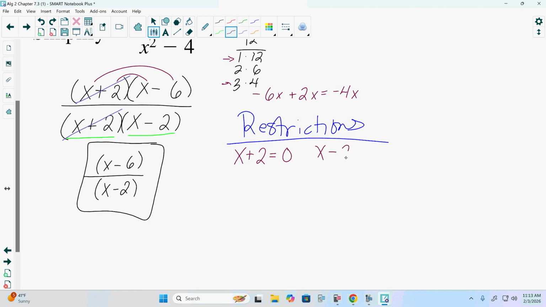Because whatever value is going to make x plus 2 be 0 would cause the denominator and the numerator to be 0, but because the denominator is 0, we cannot divide by 0, even if what is being divided by is also 0.